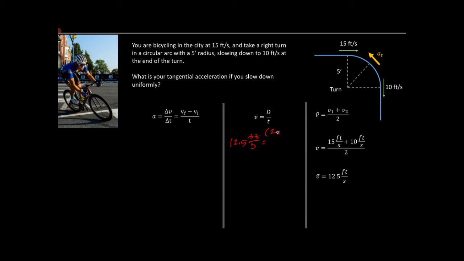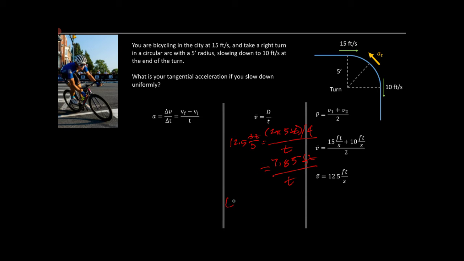So a circle is 2 pi r, 2 pi times 5 feet, divided by 4 because it's a quarter of a circle, over t. 2 pi times 5 divided by 4 is 5 over 2. That's 2.5 times pi, which is probably a pretty ugly number. We'll go with 7.85 feet over the time. So we've got that.